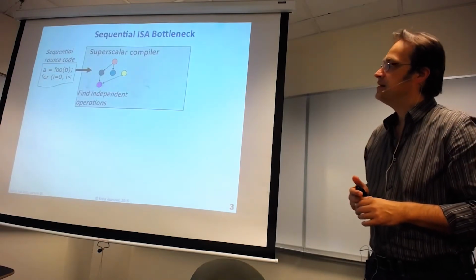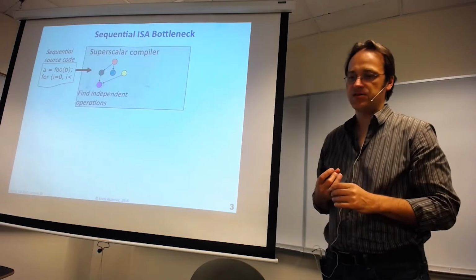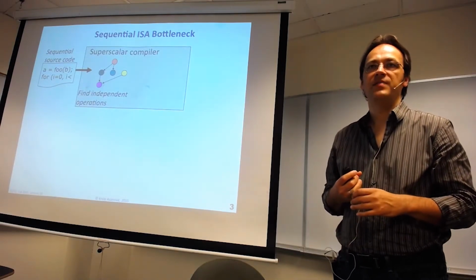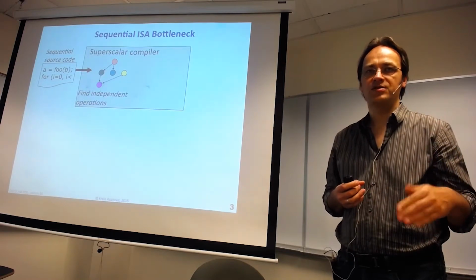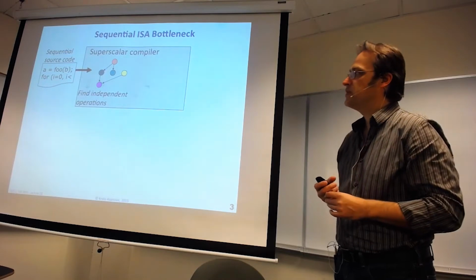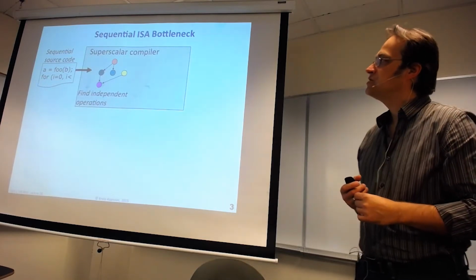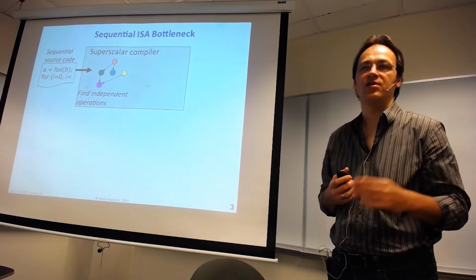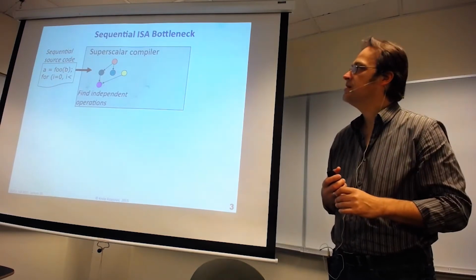So if you look at a regular instruction set, it's really encoded as a sequential ISA. That means the semantics of the instructions are you do one instruction to completion, then you move on to the next instruction, and that's the way the instruction set is specified. So if you look at what happens in compiling code for a conventional superscalar, you start off with sequential source code.